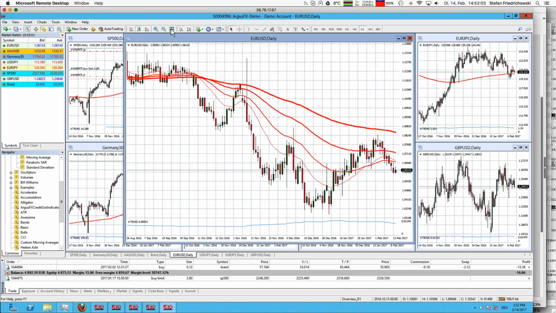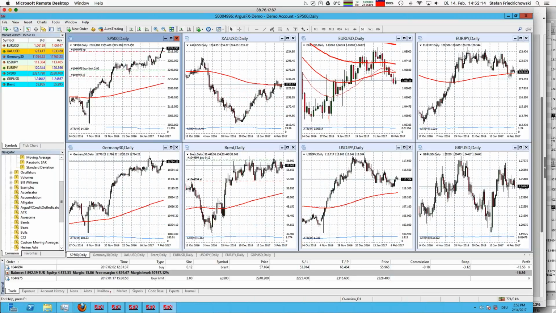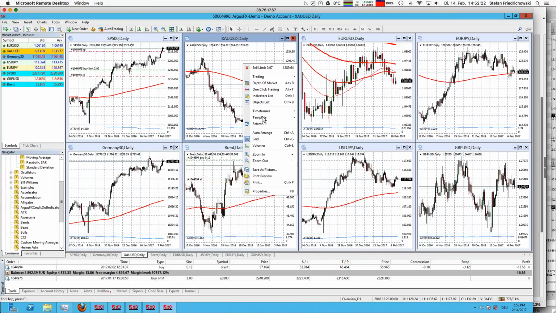And we can now look whether we can find a better opportunity in something else. So let me take gold and apply that template to my gold chart, simply by selecting the specific one here.